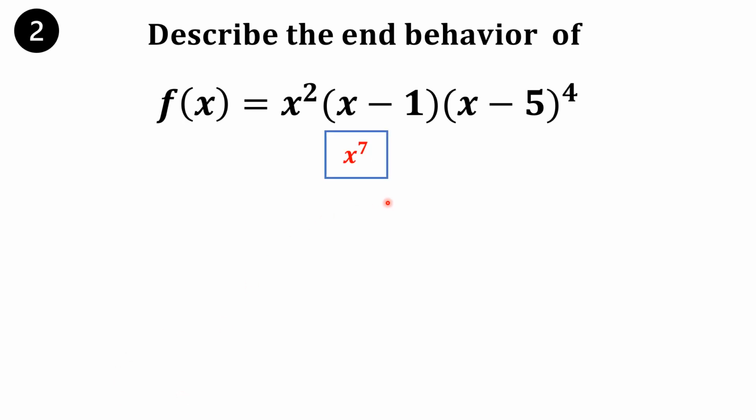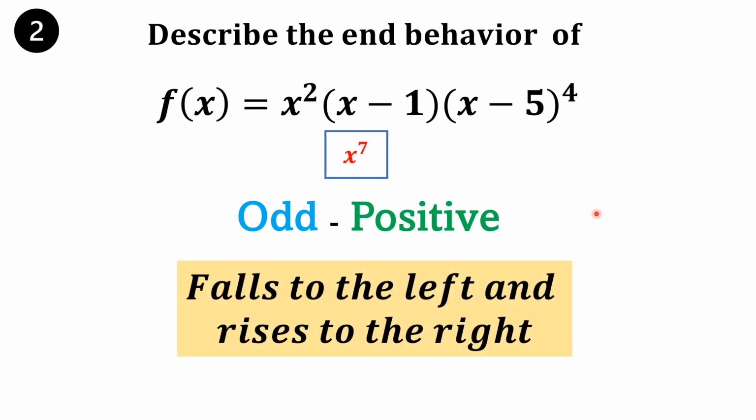The leading term is x raised to 7, that is x squared times x raised to 4. The degree is odd and the leading coefficient is positive. Therefore, the end behavior falls to the left and rises to the right.